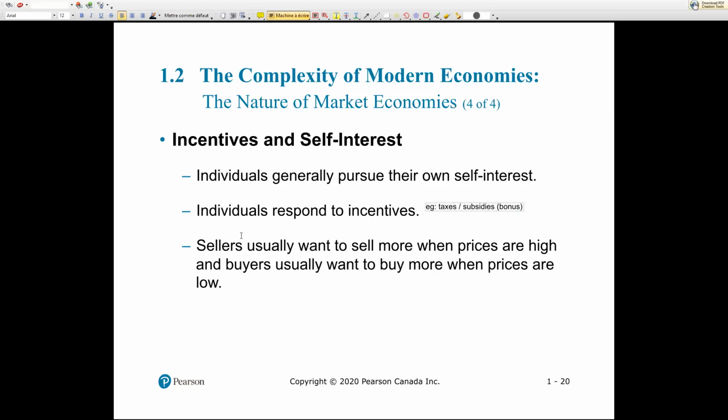And finally, sellers usually want to sell more when prices are high, and buyers want to buy more when prices are low. So does somebody know what this leads to? I'm going to draw a small graph here.